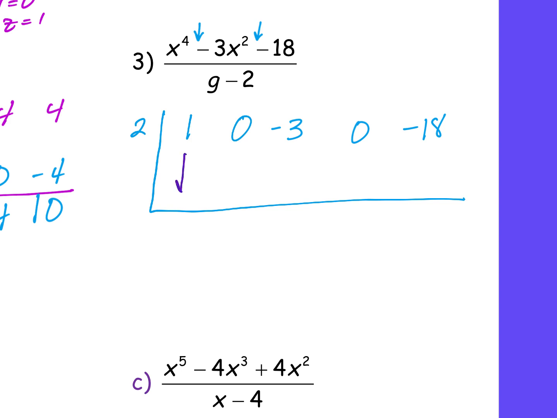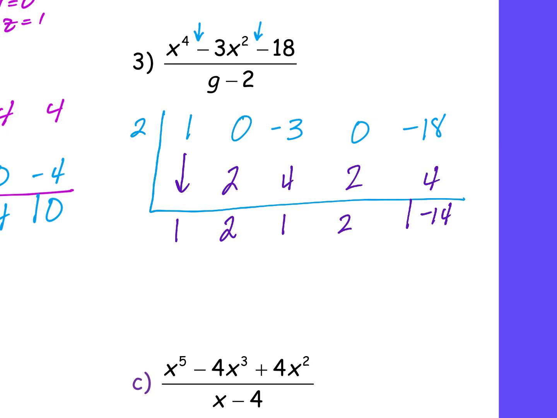So drop the 1. 2 times 1 is 2. 2 plus 0, 2. 2 times 2, 4 minus 3, 1. 2, thanks. And then 2 again, and 2 times 2, 4, and -14.